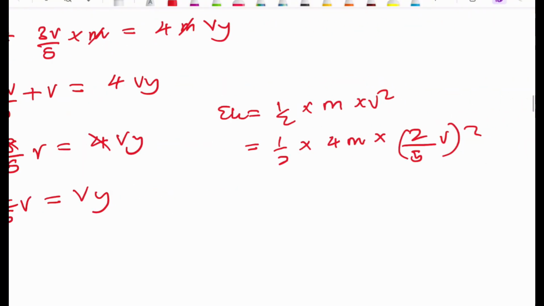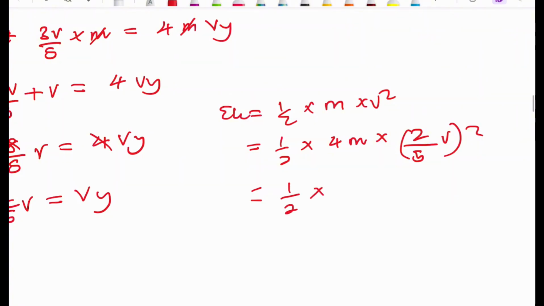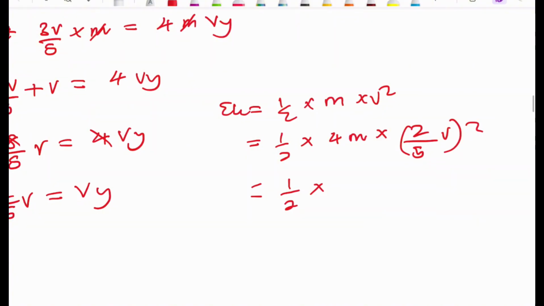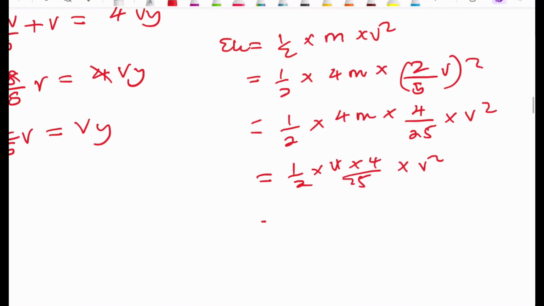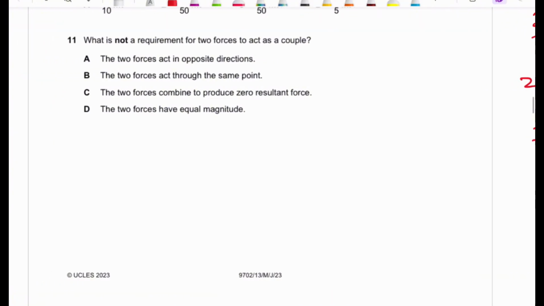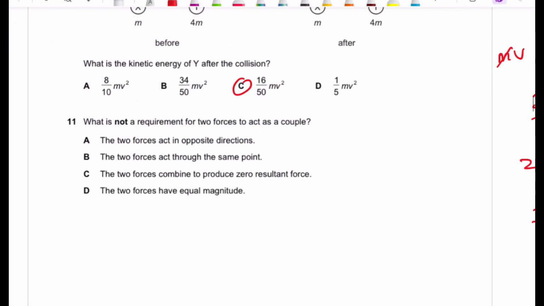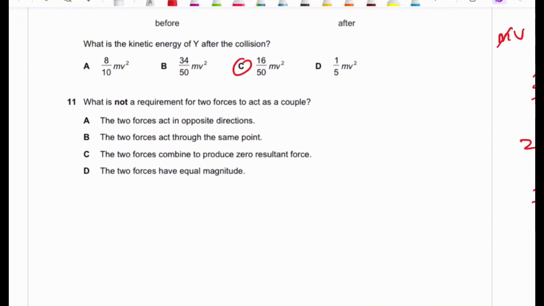So that's 1/2 multiplied by 4m multiplied by 4 divided by 25 multiplied by v squared. That's 4 times 4, which is 16 over 50 mv squared. The answer is C.